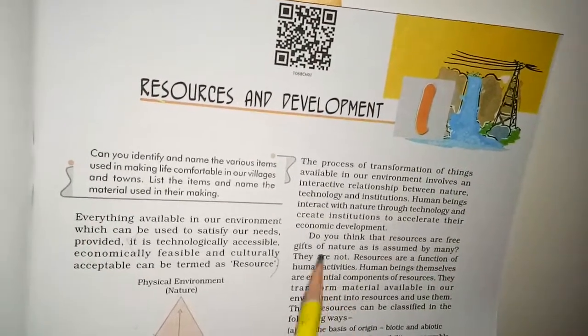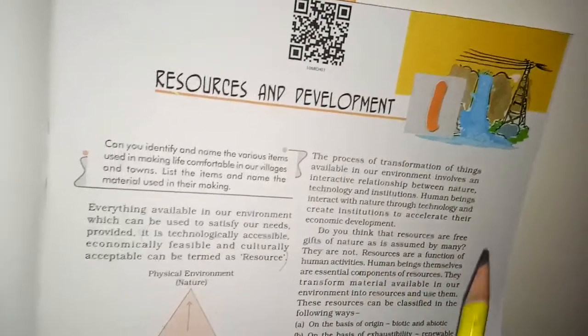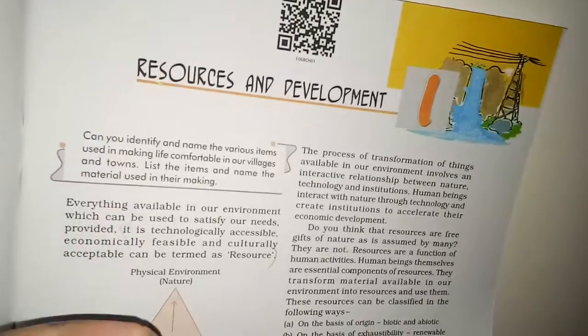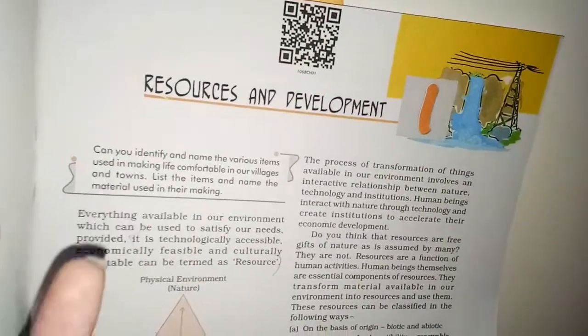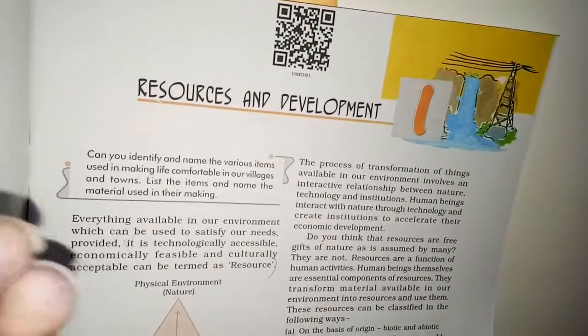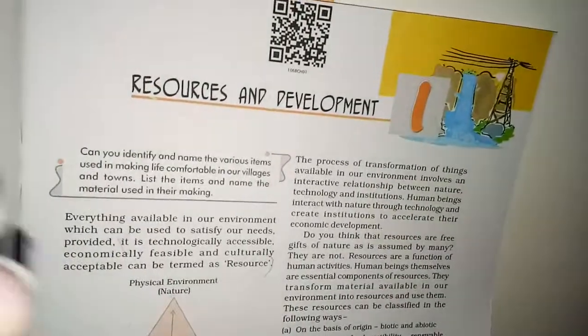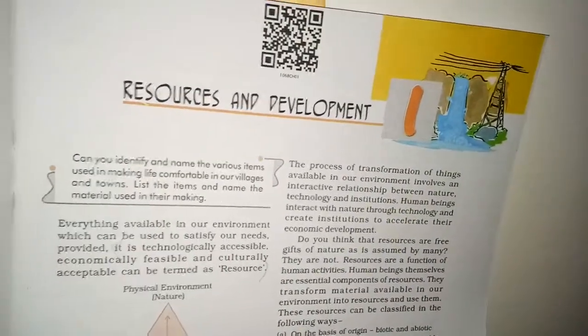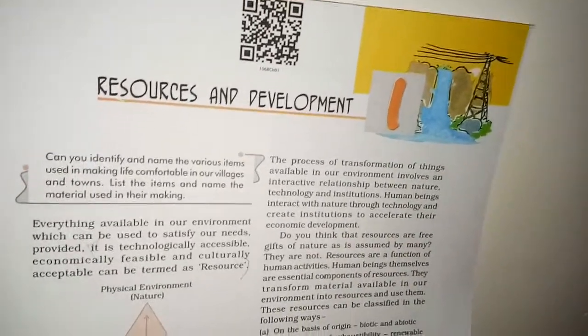Human beings interact with nature through technology and create institutions to accelerate their economic development. That means human beings get involved and connected with nature, and through technology, through different gadgets, human beings create several institutions.